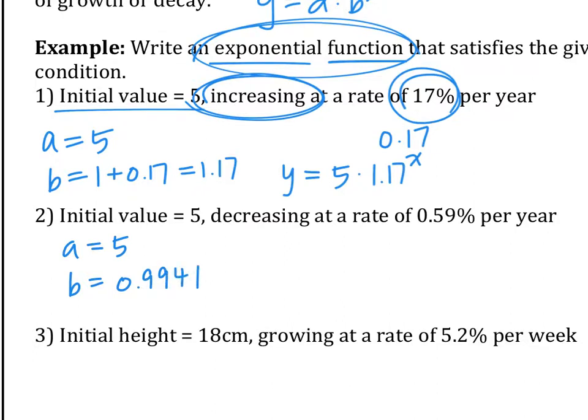Let's be accurate, or put all the numbers in there. Yeah, I know you're rounding. So since they tell us 0.59, we're just going to put all the numbers in there. So first, make sure you change it to a number, so 0.0059. And then since we're decreasing, we're going to take 1 minus the rate. So 0.9941. So y is equal to 5 times 0.9941 to the x.